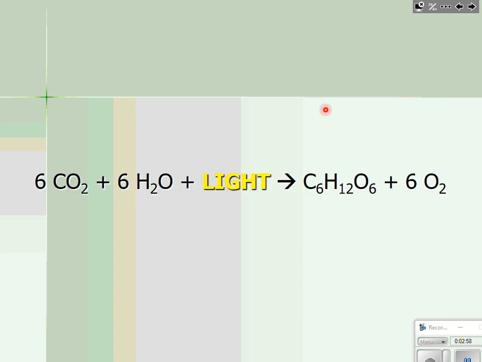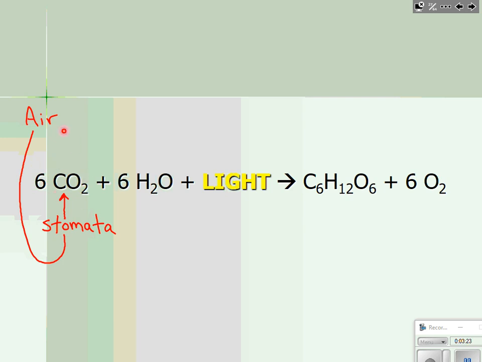So let's look at it. I'm kind of zooming out now, looking at the equation as a whole, and let's break it down in terms of how plants actually pull this off. So the carbon dioxide, which is the source of carbon, which is necessary in order to make this 6-carbon sugar, that carbon dioxide, of course, is available in the air.